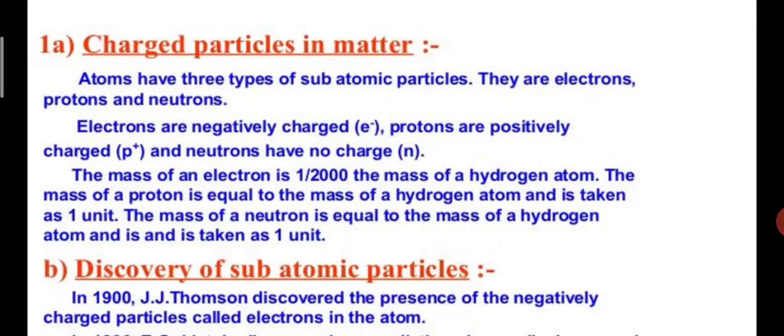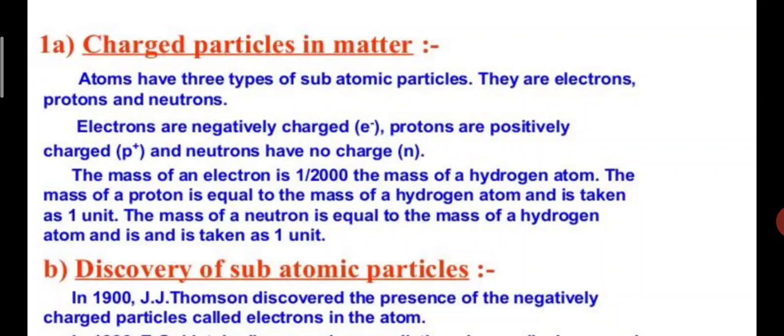This question can be answered by knowing that an atom is divisible. The atom can be divided further and consists of charged particles. Many scientists contributed in revealing the presence of charged particles in the atom.